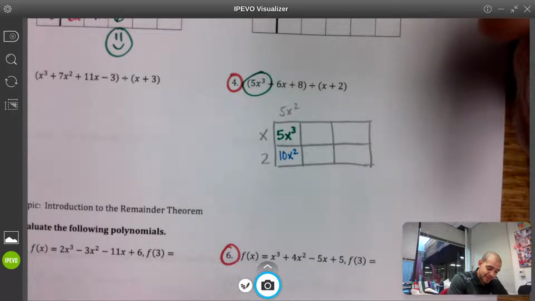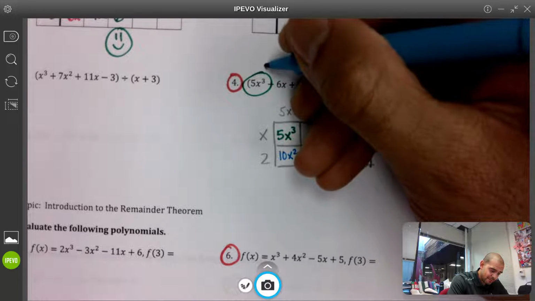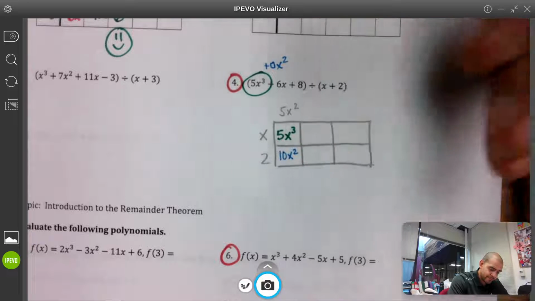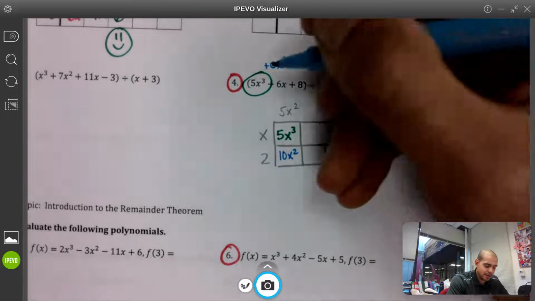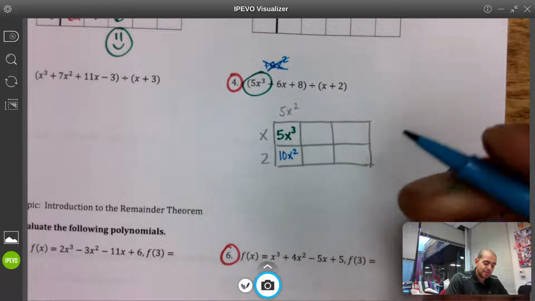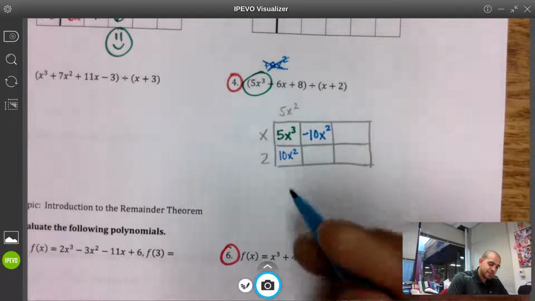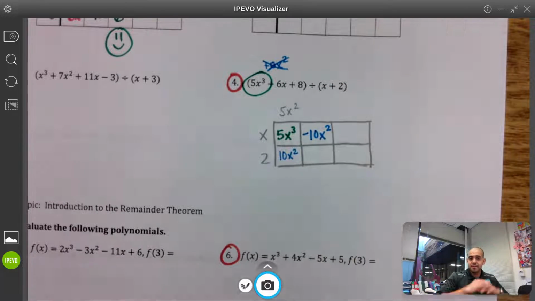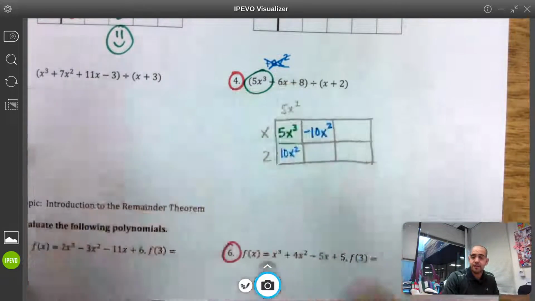So that means somewhere over here, we have a plus 0x squared, right? We don't write 0x squared, it's gone. So in order to make x squared disappear, do the opposite, do the inverse. 10x squared and -10x squared, gone. Because when you add these two, there is no x squared in your dividend.